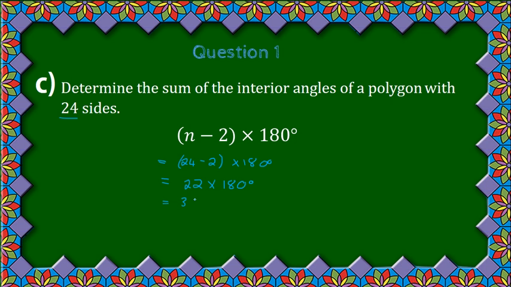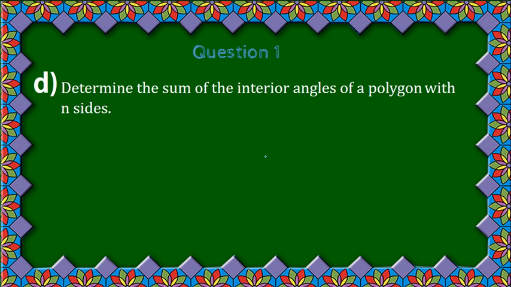So 3960 degrees. And then D, the sum of the interior angles of a polygon with n sides. So this is actually the answer, because if you've got n sides, then this is the formula you use.